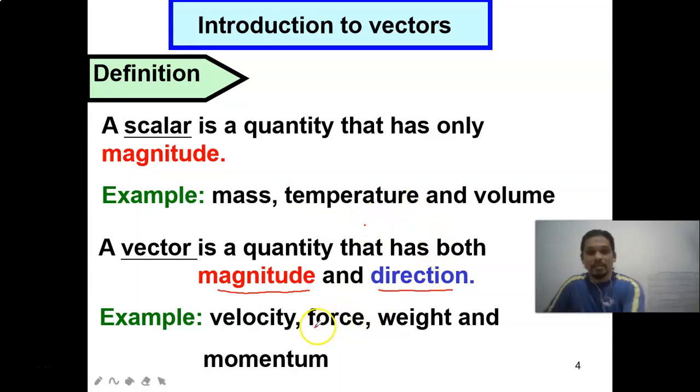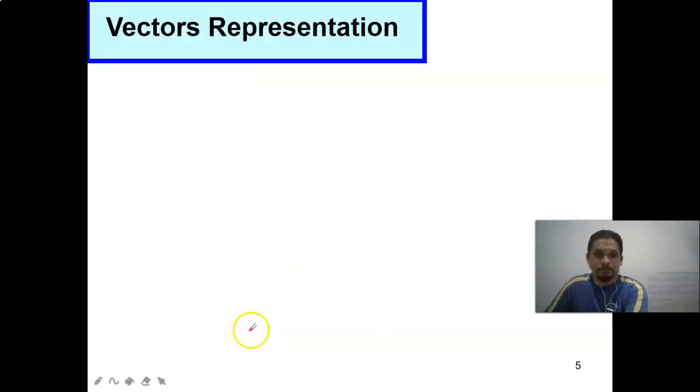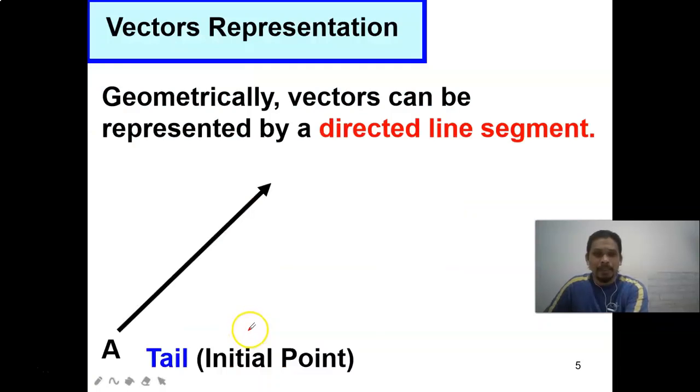Okay, as you see in this example here: velocity, force, weight, and momentum. So geometrically, vectors can be represented by a directed line segment.